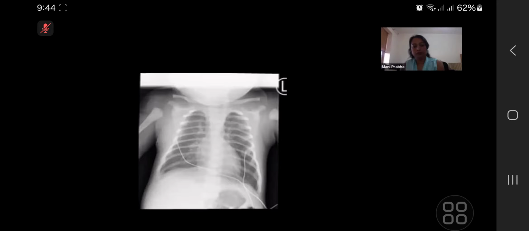Left-sided aortic arch, left-sided gastric bubble, so situs solitus. Levocardia, aortic arch on the left side. Pulmonary arteries, from my projector, I think look normal. I can't really comment on the vascularity on my screen. It is increased vascularity slightly. Oh, okay, fine.